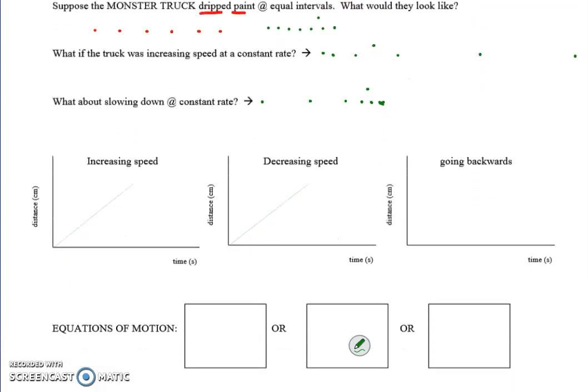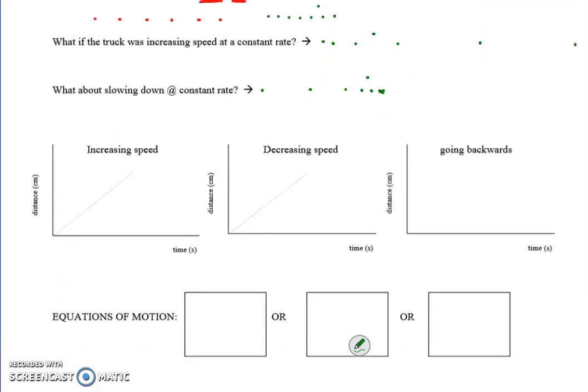If that's the case, now let's turn that around and put it on a two-dimensional plot. So in each plot, I've got a straight line that indicates what again? That's right, constant speed. So how would I show increasing speed? Okay, so I'm using this line here as a reference. Well, in increasing speed, if I go over a certain time interval, let's say I choose this to be my time interval, I'm going to go a certain distance.